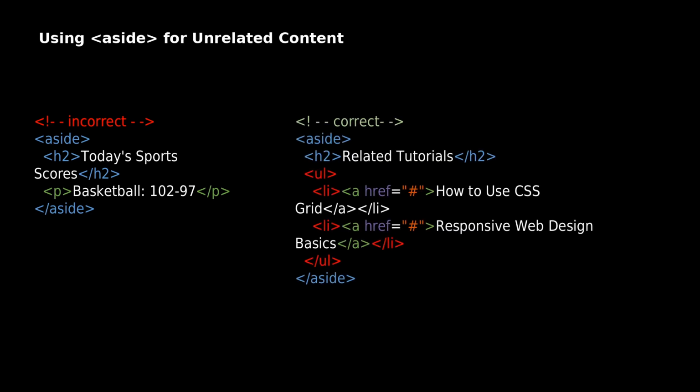And for this, ensure that the content within the aside element is relevant to the primary material. For example, in an article about web development, an aside could include links to other web development resources or tips, but should not include unrelated topics like sports or news, for example.